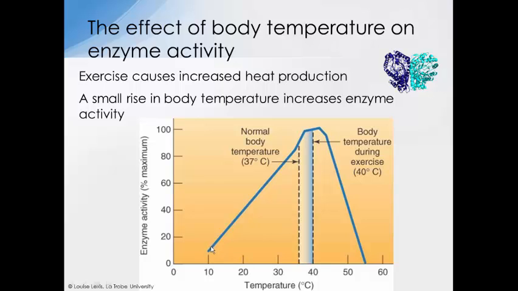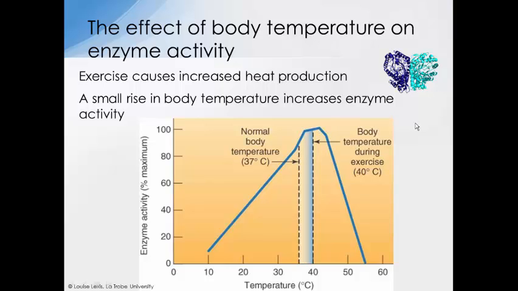If we look at this blue line here, it's showing you the effect of temperature on enzyme activity. Okay, so if we go a little bit below body temperature, we'll see enzyme activity is decreased, and if we go above normal body temperature, up to 40 degrees and a little higher, we see an increase in enzyme activity.